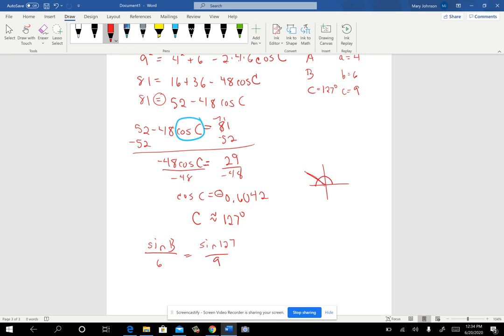So multiply both sides by 6. And then get the value of that. Keep some accuracy on that for now.